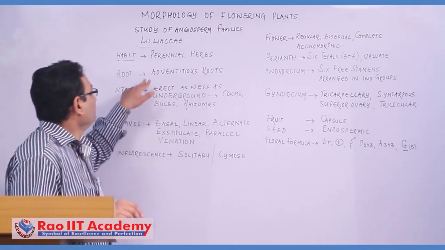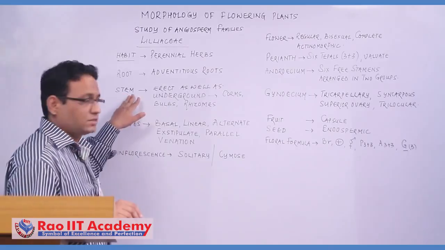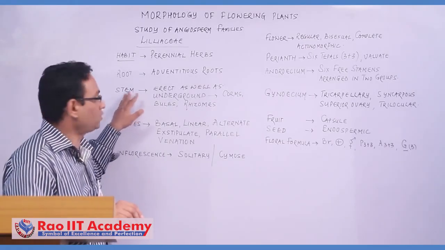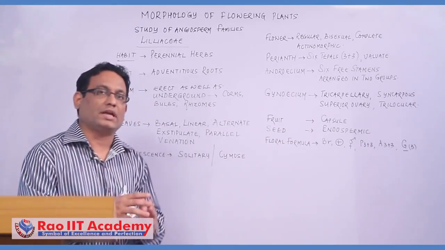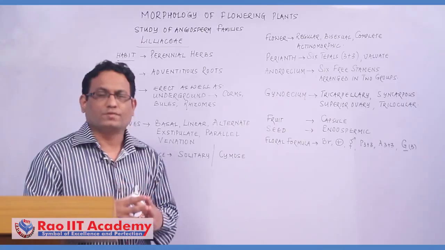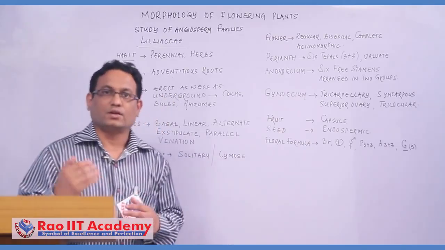Beyond the roots, the stems also do not follow the typical pattern of trees or shrubs. In this case, the stems may be erect, but they are not as tall or as strong as in dicots. In most of the plants, we would have modifications of the stems as underground stems.